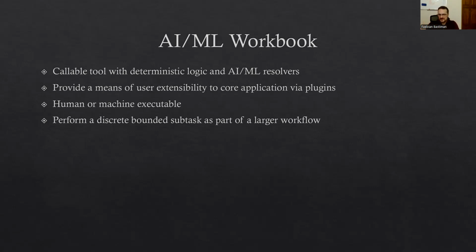And they perform, as I said, a discrete bounded task that is part of a larger flow. And in order to achieve that larger flow and make it something where the user doesn't have to intervene, this is what we need the agentic agent to be able to do in the long term, which is why we need this kernel layer in order to allow the agent to work over a long term.